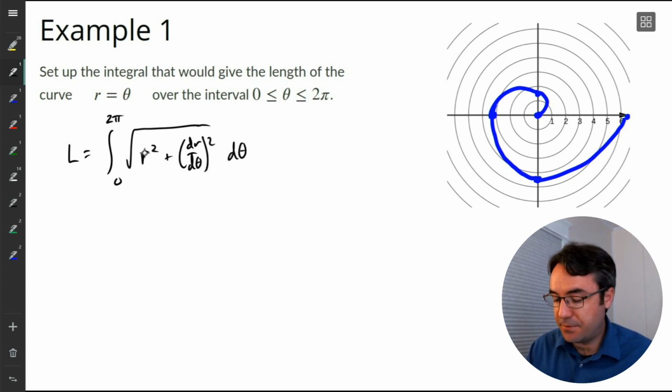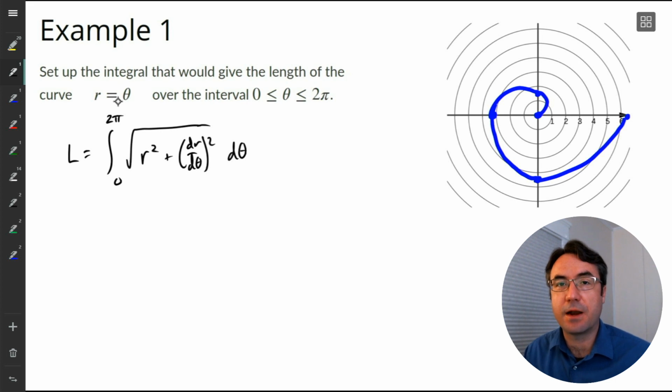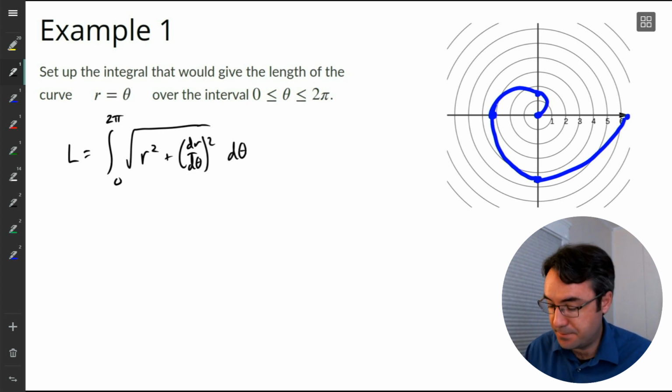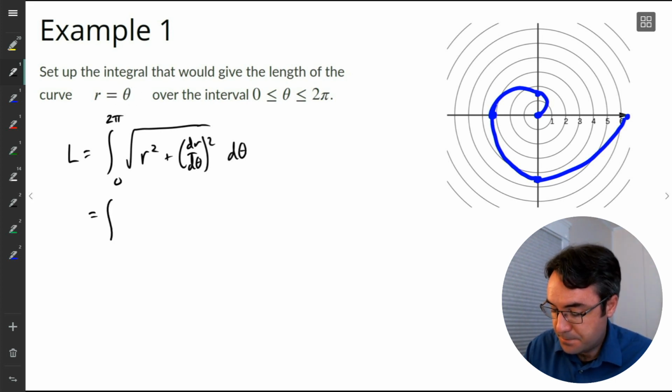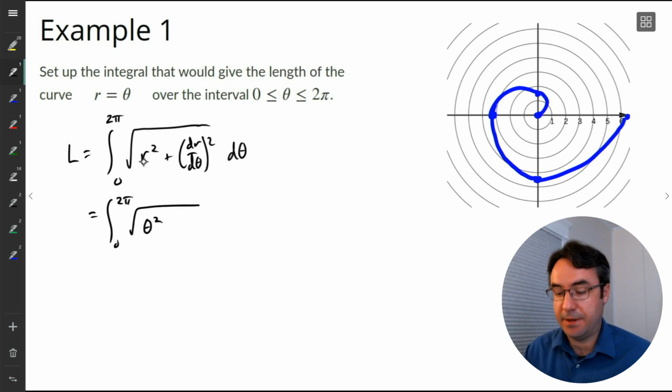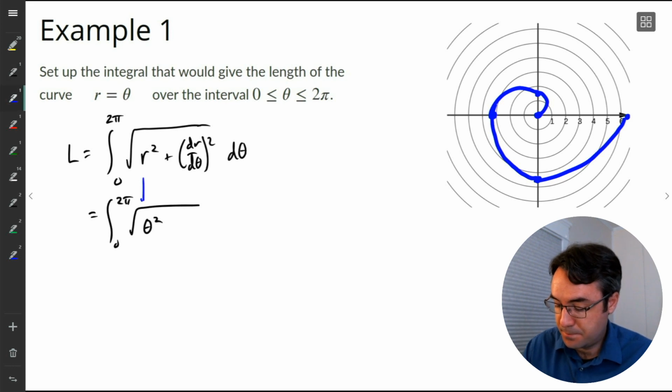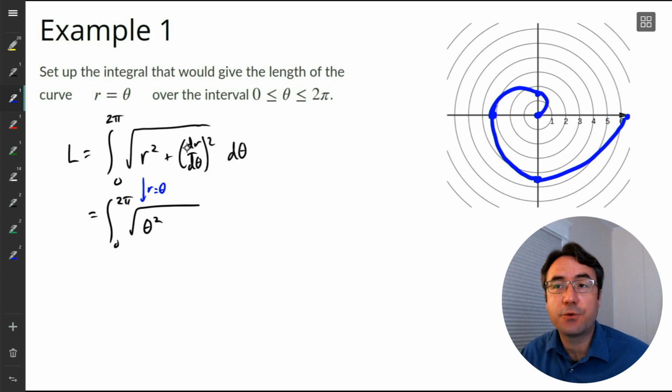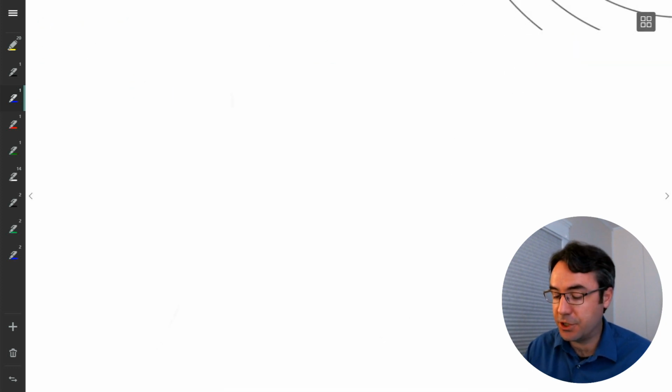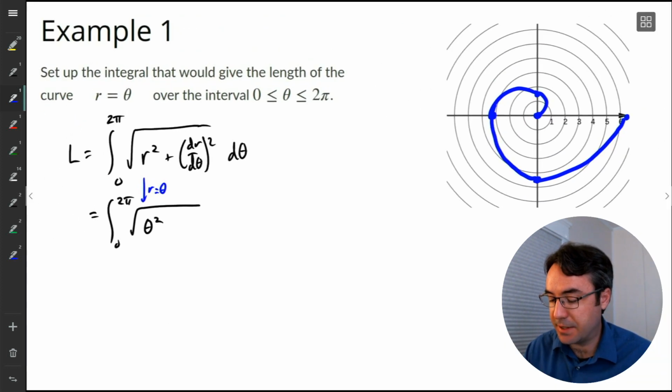So let's fill in for this r squared. Let's fill in what r is equal to in terms of theta. So we'll get a theta squared there once we fill in. And then let's calculate what the derivative of this function r is with respect to theta. So what is the derivative of this function?